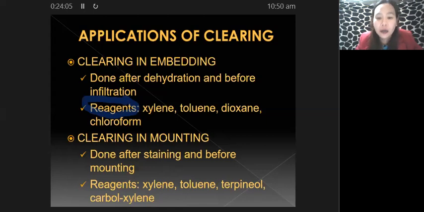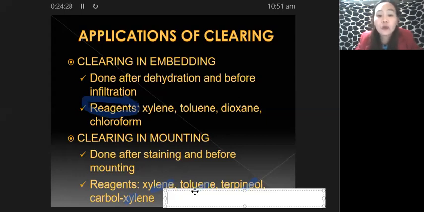So what are the reagents that are utilized in clearing in mounting? We have your xylene, your toluene, your terpineol, and your carboxylene. Other reagents which you can utilize in clearing in mounting include the following.